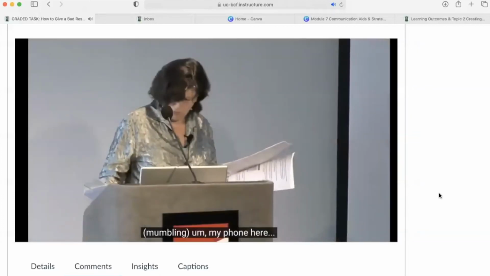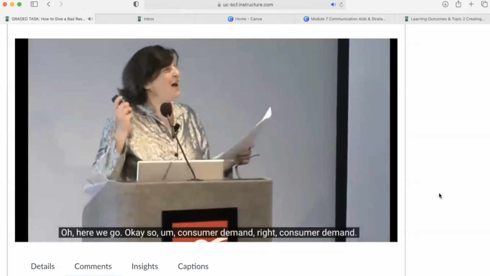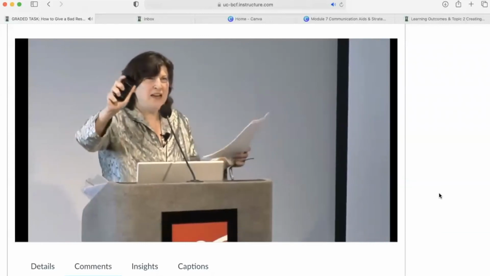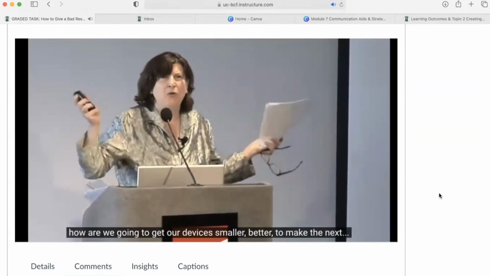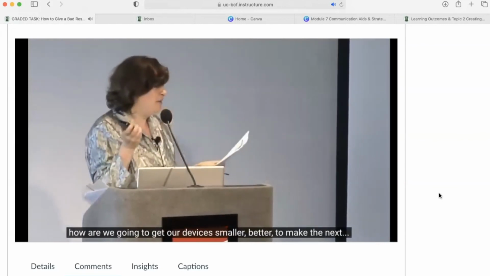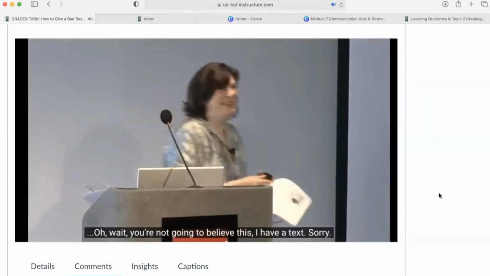My phone here. Oh, here we go. Okay, so consumer demand, right? Consumer demand. If we do not figure out how to overcome these limitations, how are we going to get our devices smaller, better, to make the next... Oh, wait, I'm not going to believe this.